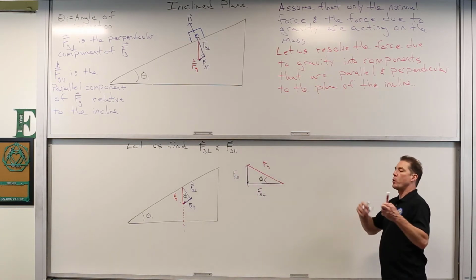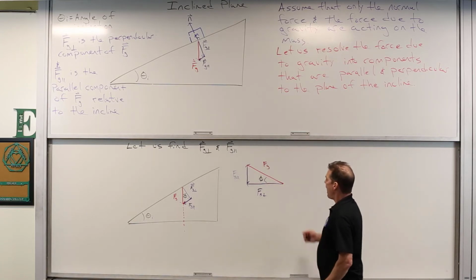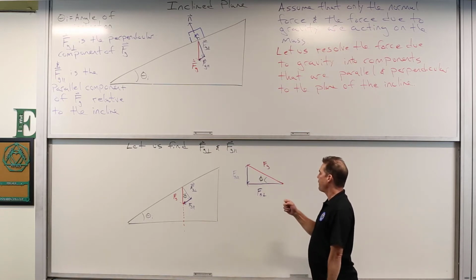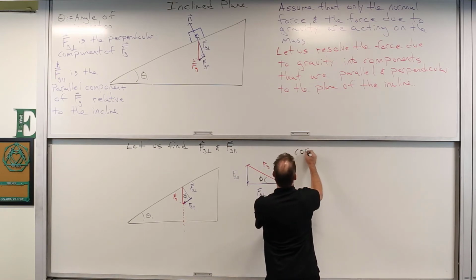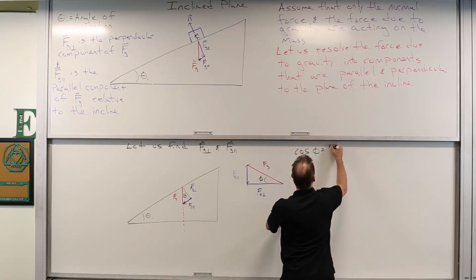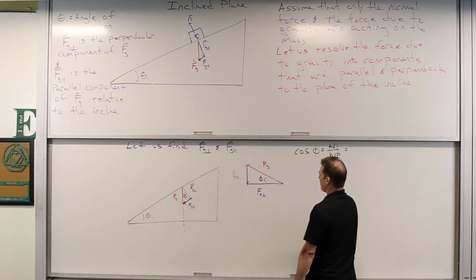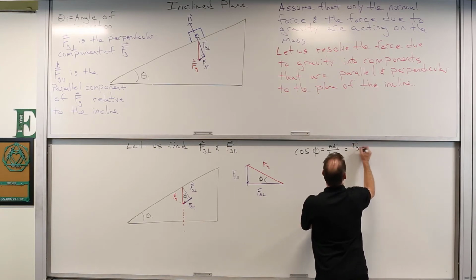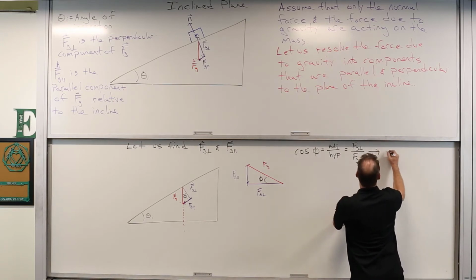I can make trigonometric relations between those four quantities here. If I start looking at, say, the cosine of phi, cosine of phi is adjacent over hypotenuse, right? Cosine of phi is equal to F sub G perpendicular divided by F sub G. Well, what does that give us the ability to say?